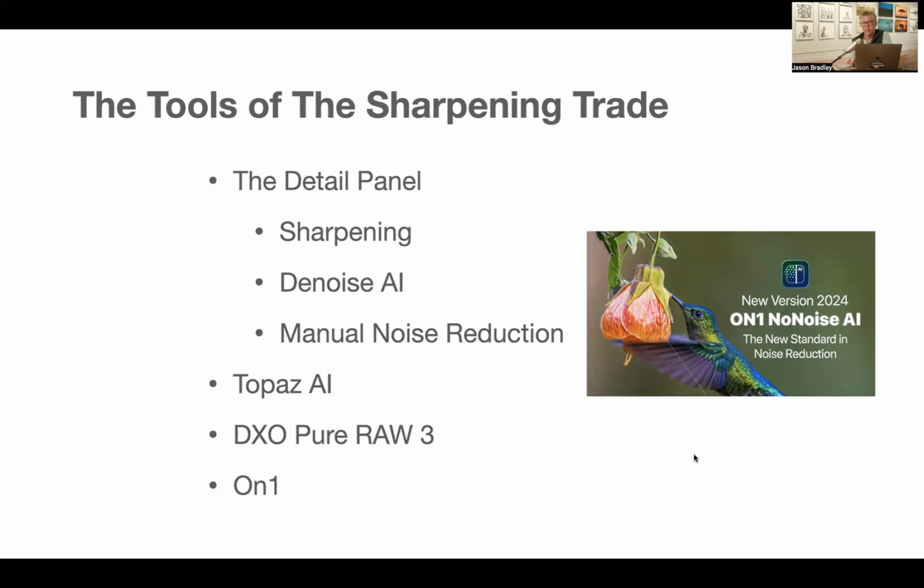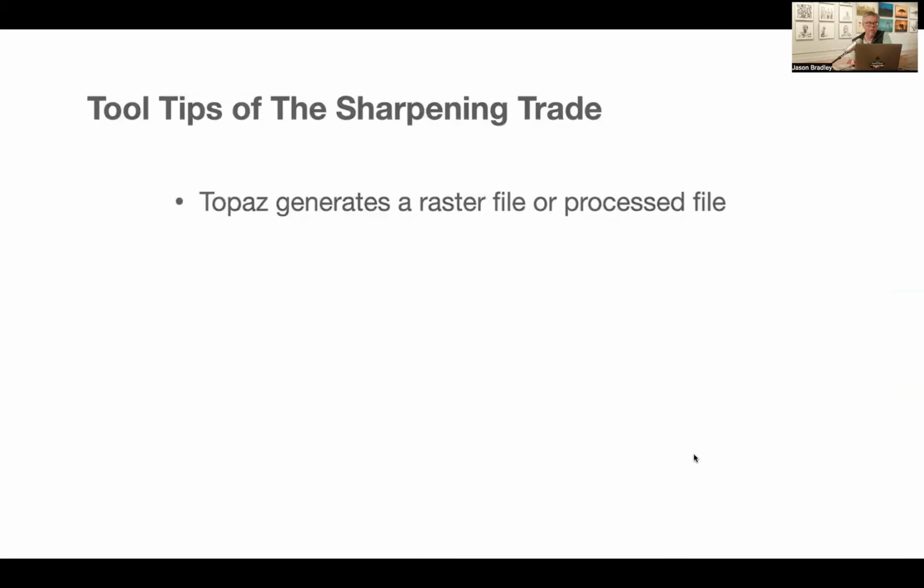That said, I would say I mainly work with Topaz and what comes with Lightroom, the Adobe Denoise AI, with the occasional use of DxO. But between Topaz and Adobe, that handles a majority of my needs. And there are times, I'll go into this in more detail as well, when I might use one versus the other.